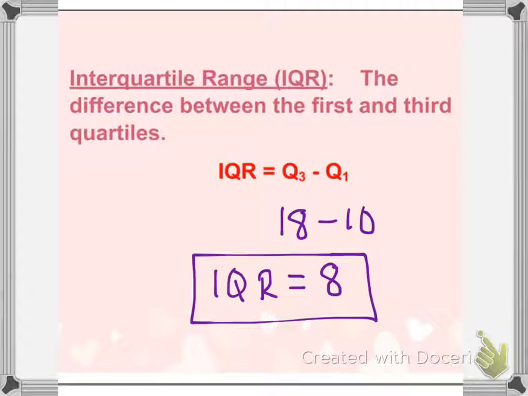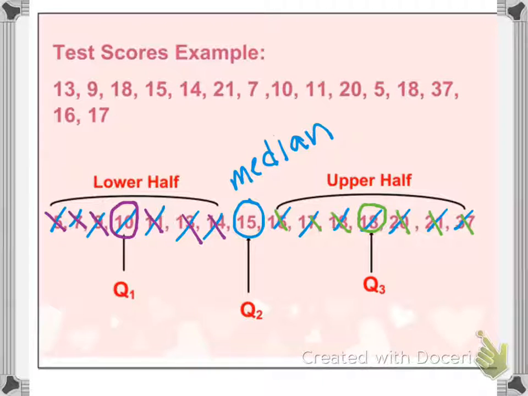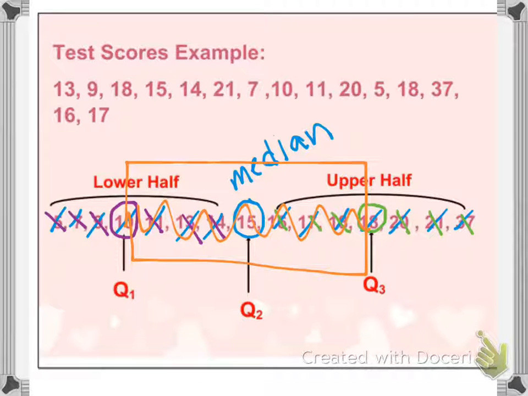The interquartile range, or IQR, takes these pieces from Q1 to Q3 and it finds the difference. It wants to know how much is in between those two.